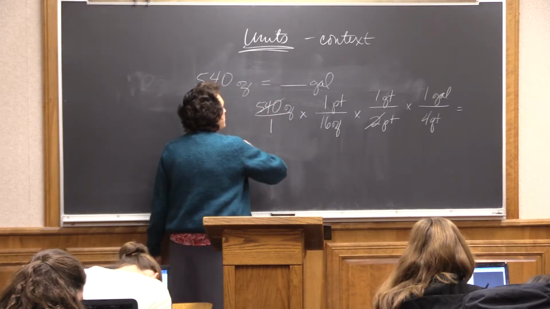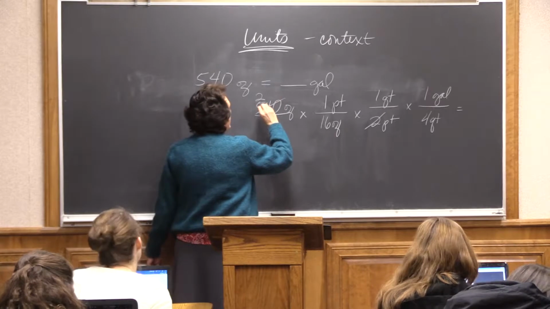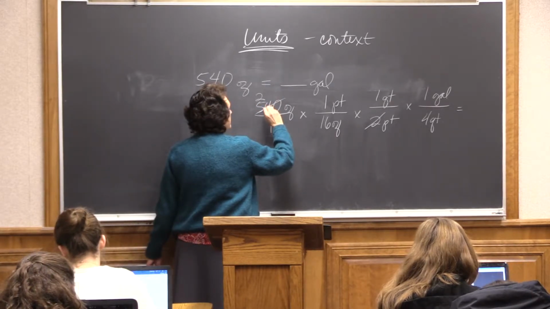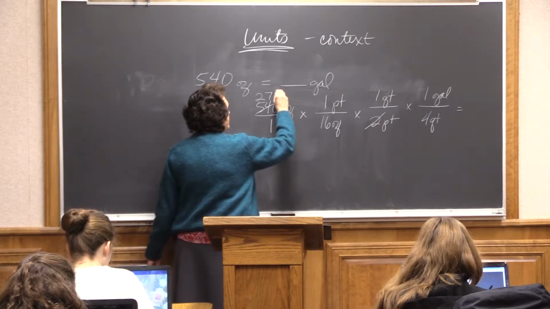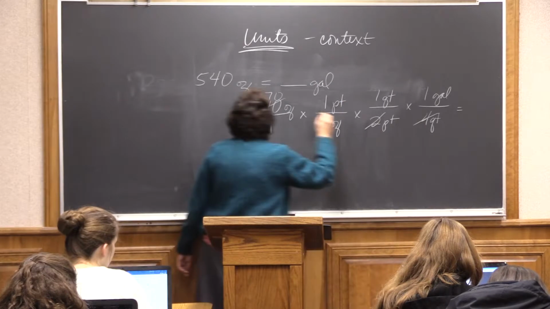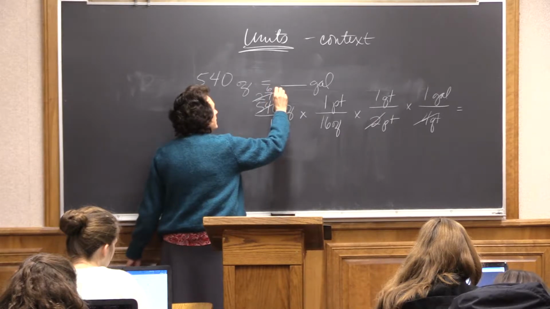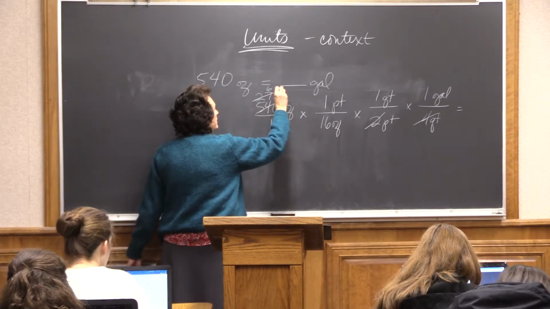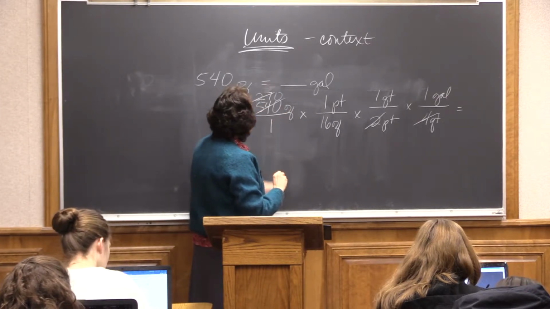2 goes into 540, 270. And then 4 is going to go into 270... oh, 4 does not go into 270.